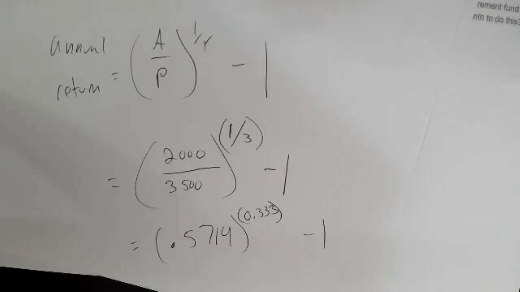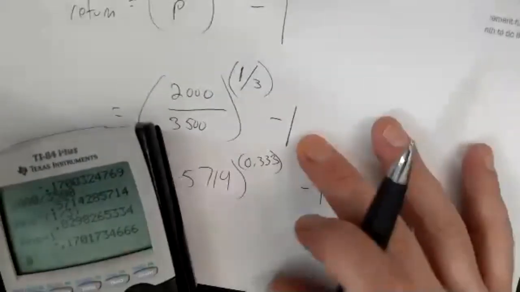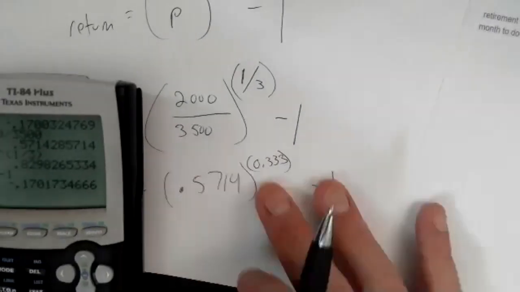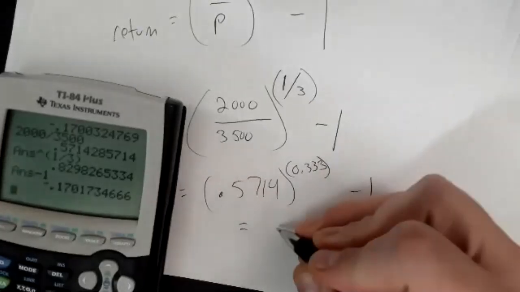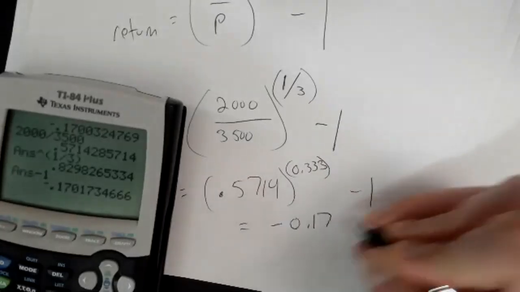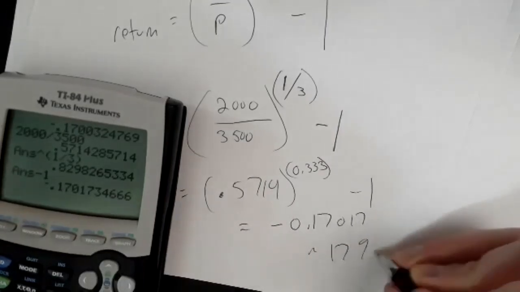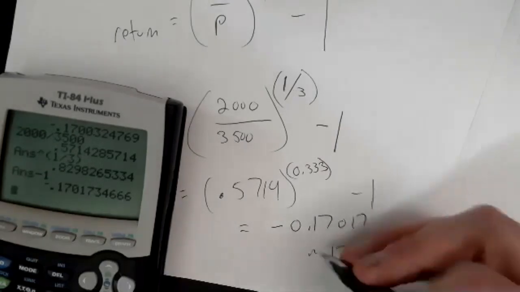2,000 over 3,500. Okay. Got some enthusiastic neighbors apparently. Gotta raise that to the 1/3 and subtract 1. So the exact solution I'm getting without rounding is like 17%. It's about 17%, right?